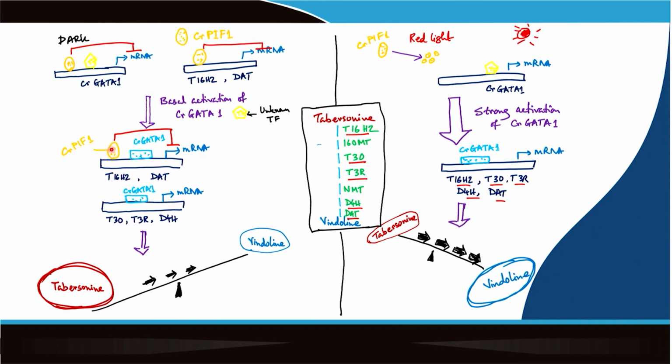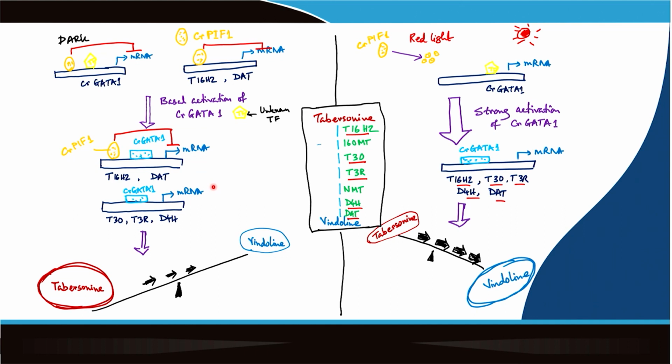Because it is binding, it is not allowing the activity of these. Also T3O, T3R, D4H and DAT, leading to limited Vindolin production and increased tabersonine accumulation.